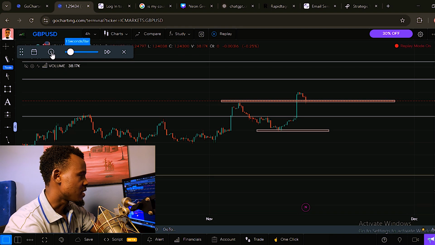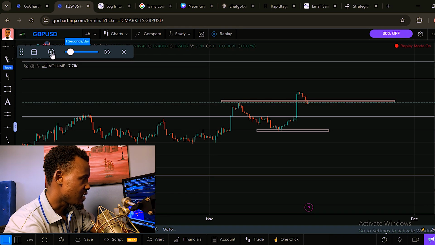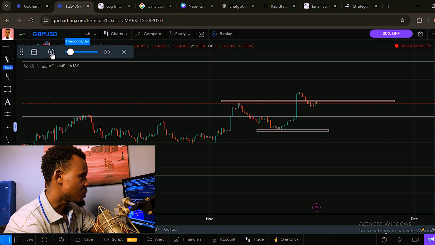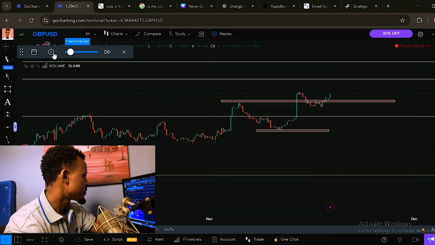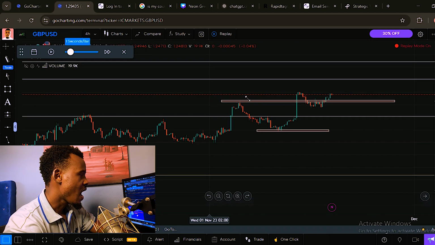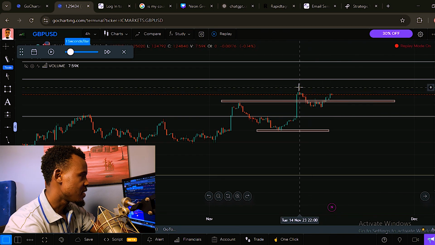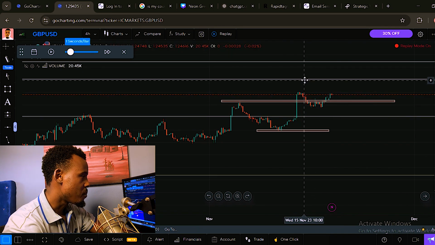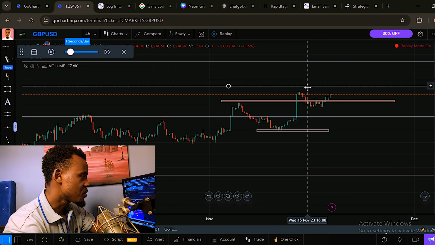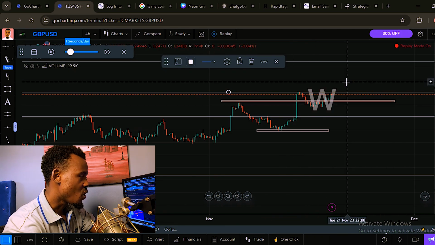Now price is coming back down to retest, as I said earlier. Now it's retesting that zone. I think I have two candlesticks above this, but for this price to be confirmed, it has to go above this. Don't jump into the market despite it giving us a W pattern.